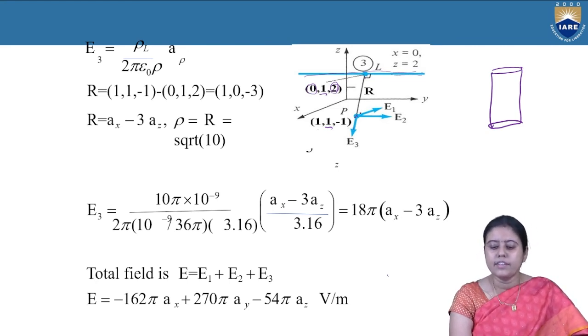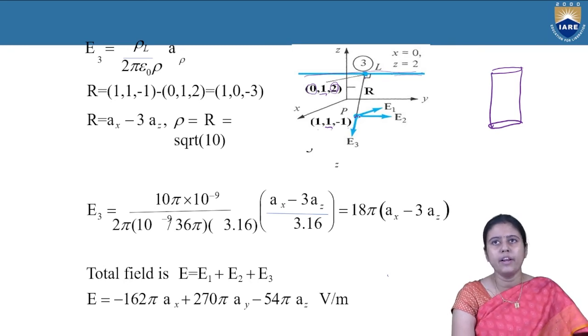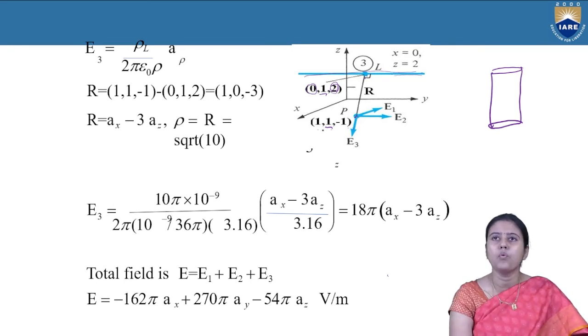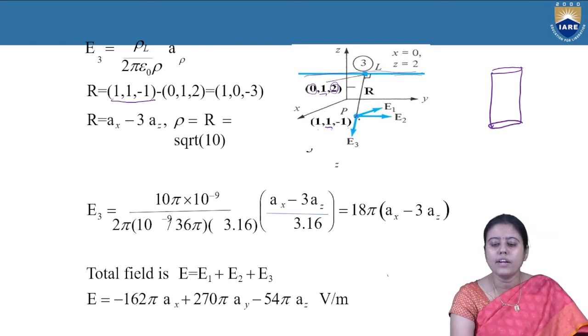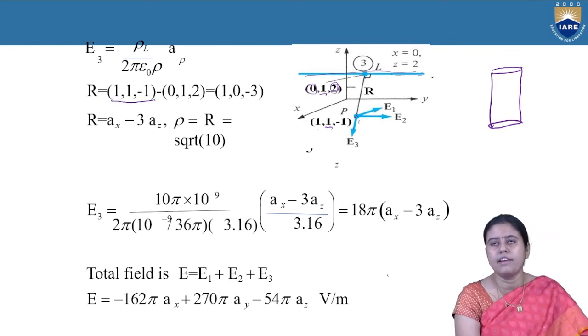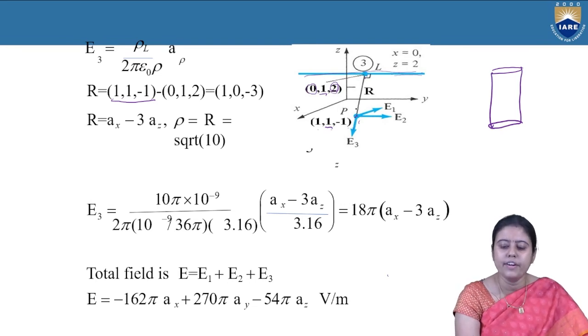I will tell it once again. The point where we have to calculate the intensity is at 1, 1, minus 1. This is the end point. What is the starting point? This is the starting point on this line. And we have to draw the perpendicular from this point to the line. This is the perpendicular we have drawn.